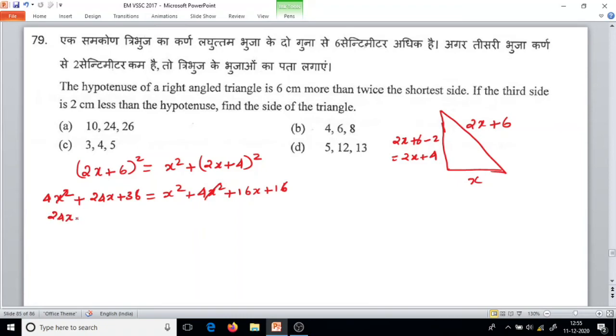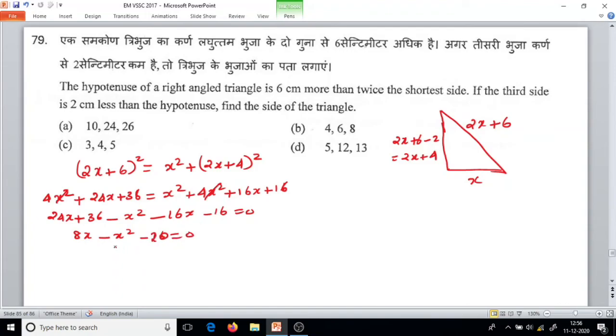So 4x square we can just cancel, and bring all terms to one side: 24x plus 36 minus x square minus 16x minus 16 equals 0. So 24x minus 16x is 8x, and 36 minus 16 is 20.